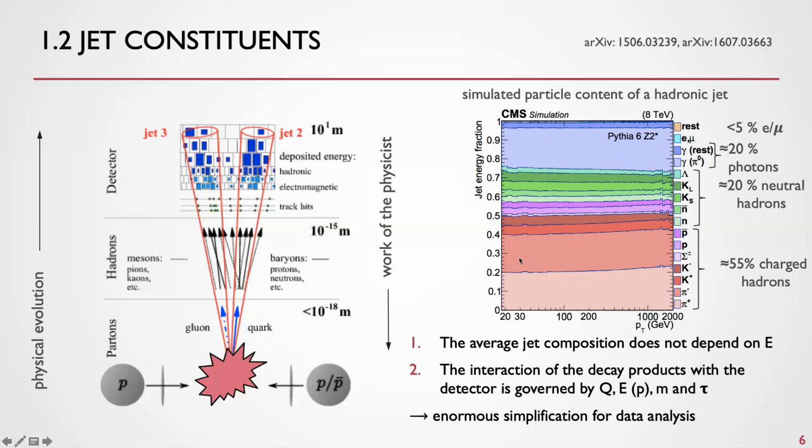Let me show you here to the right the simulated particle content of a hadronic jet, simulated because we can't measure it. You see here on the x-axis the transverse momentum of the jet. These are dijet collisions at the LHC. You have in colors the different hadrons and mesons.